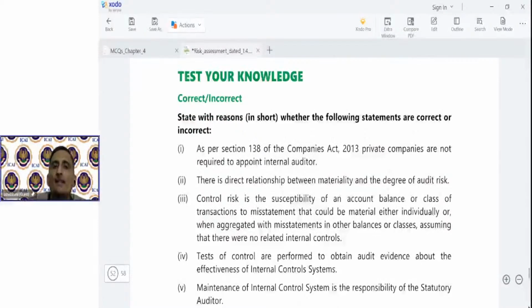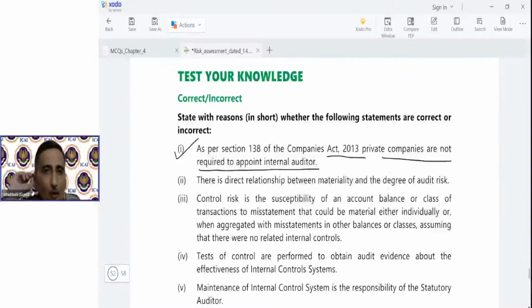As per section 138 of Companies Act, private companies are not required to appoint internal auditor. Is the statement true or false? Do not see the answer, guys. No purpose will be served if you see the answers. Be honest to yourself.